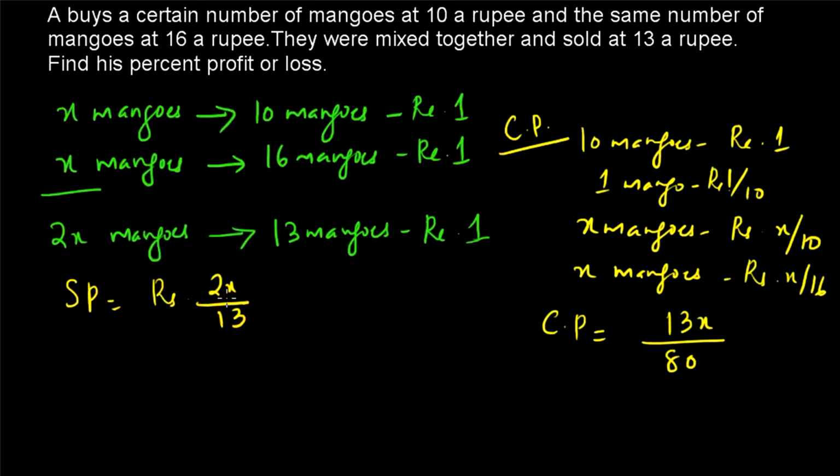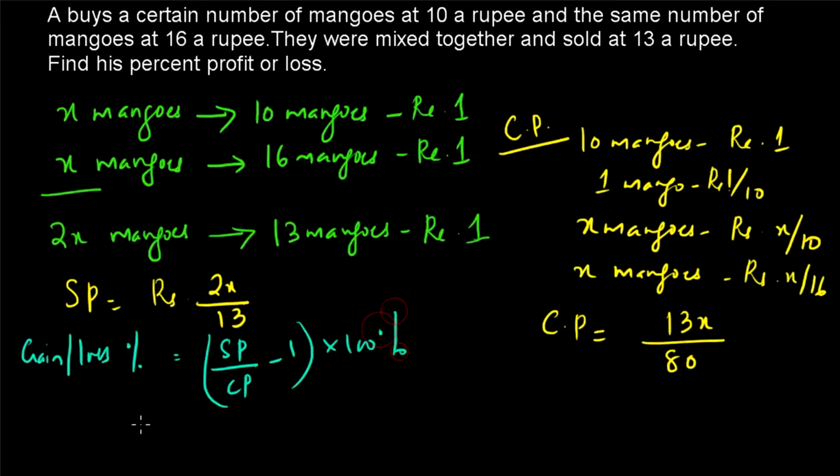So what is our profit or gain percentage? We have the formula. Profit or gain, loss or gain percentage is given as selling price by cost price minus 1, into 100 percentage. So we will get 2x by 13 divided by 13x by 80, minus 1, into 100.